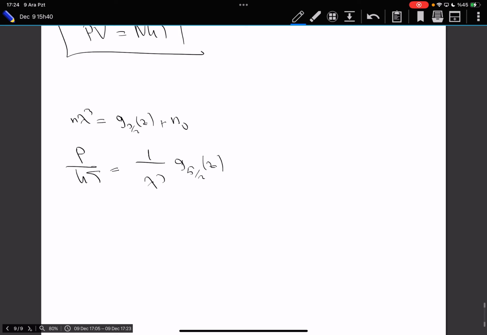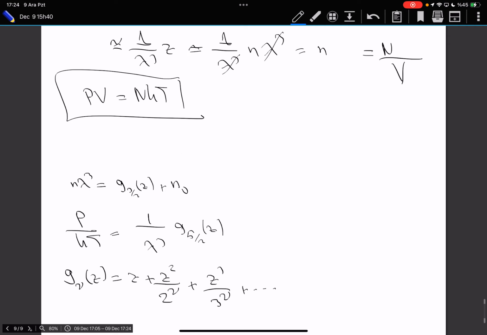This also has to be satisfied whatever the temperature is, whatever the value of z is. And we also know that g nu of z is z plus z squared over 2 to the power nu plus z cubed over 3 to the power nu, etc.